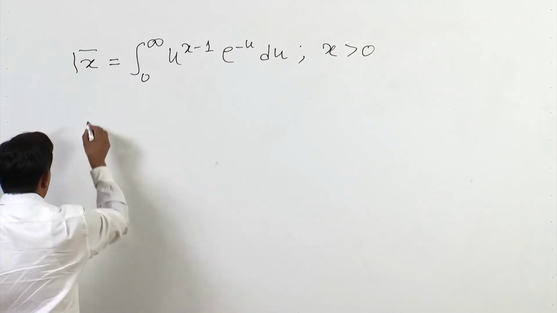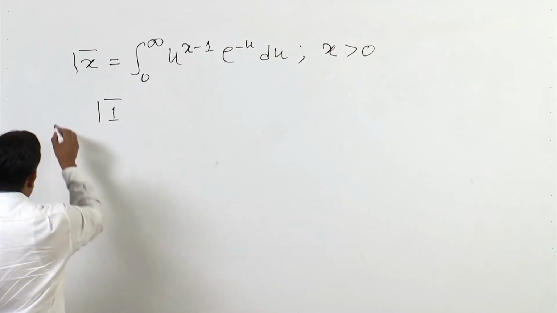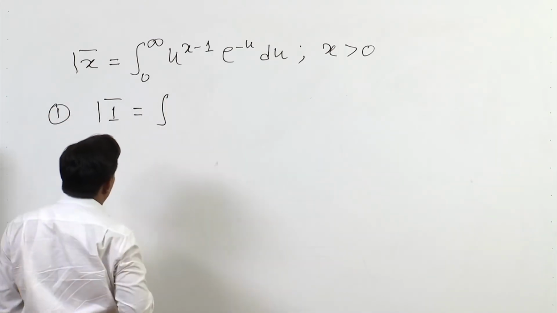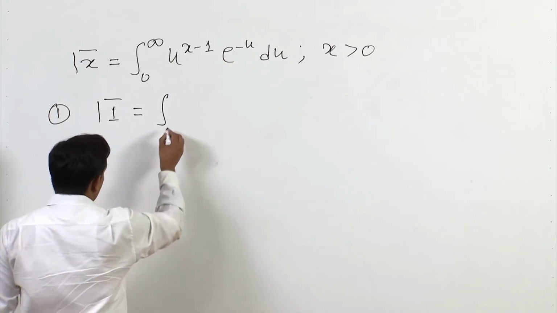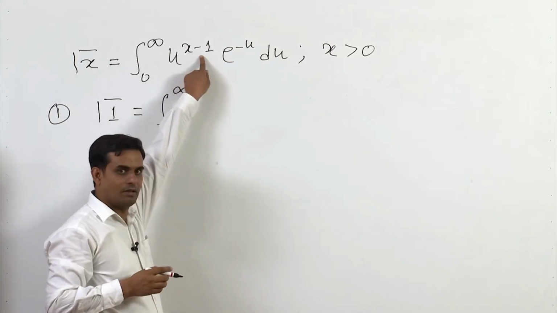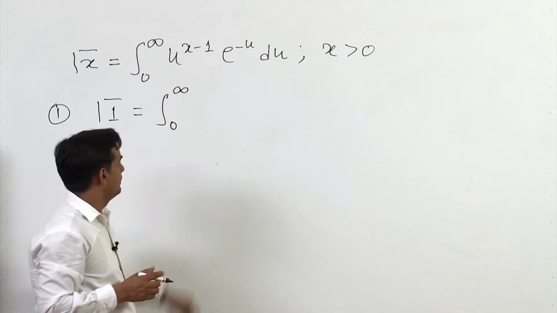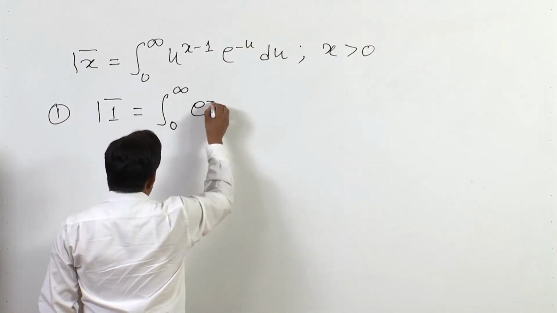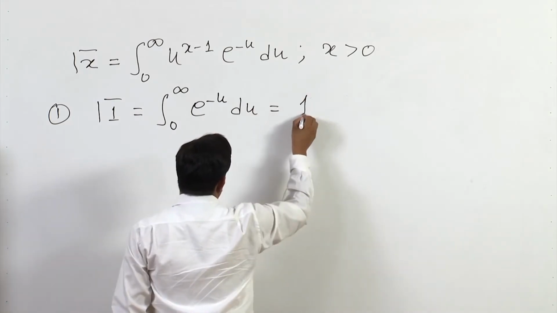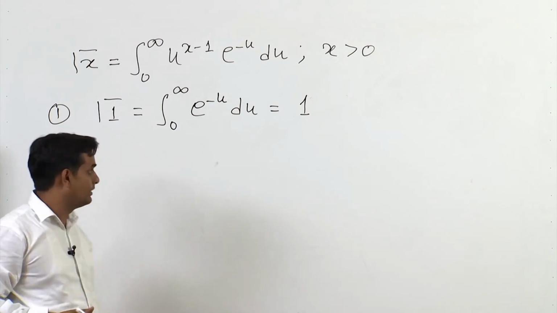If I want to find the value of gamma 1, I put x equals 1. So the integral from 0 to infinity of u raised to power 1 minus 1, which is u raised to power 0, which is 1, times e raised to power minus u du, equals 1. Hence gamma 1 equals 1.